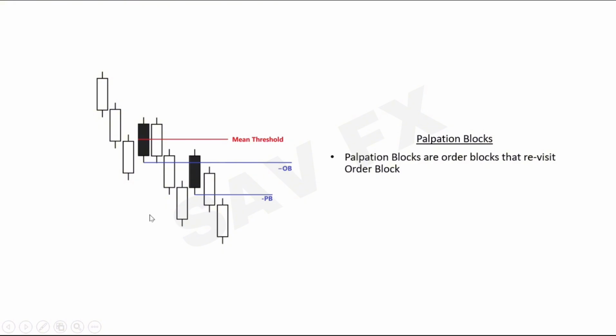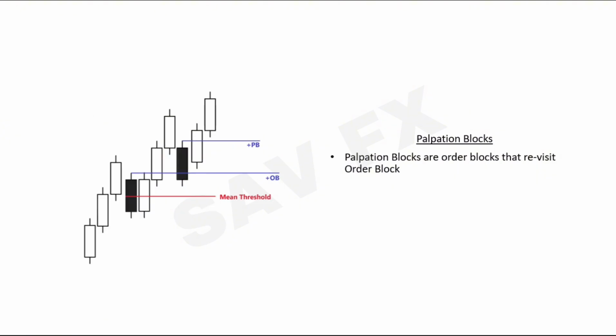So the propulsion block mean threshold should not be violated, or price will generally seek to take the buy side. And if it closes above, that indicates a shift in state of delivery.